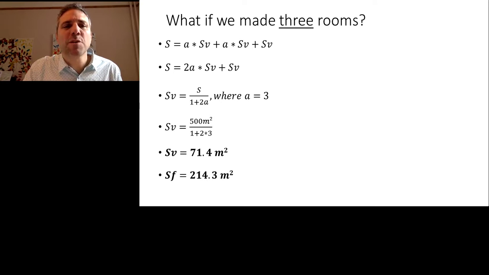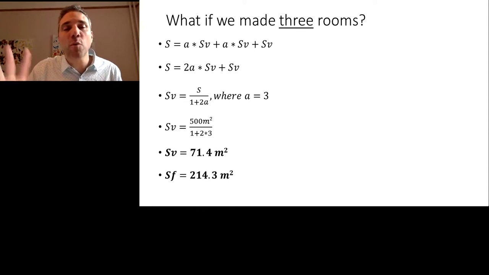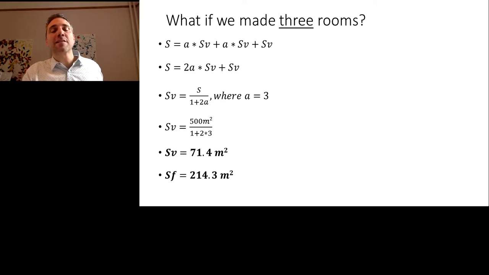When we resolve this equation, the ratio changes slightly, and now our vegging room shrinks even further from approximately 125 meters squared to 71.4 meters squared. And the flowering room is now approximately 214 meters squared.